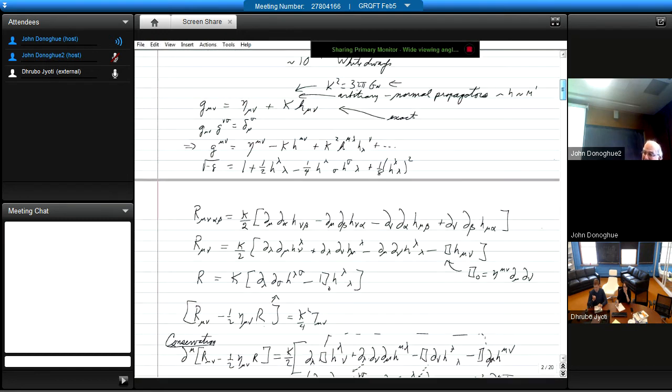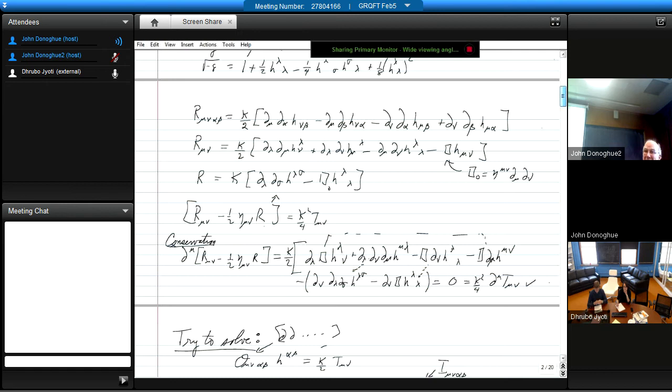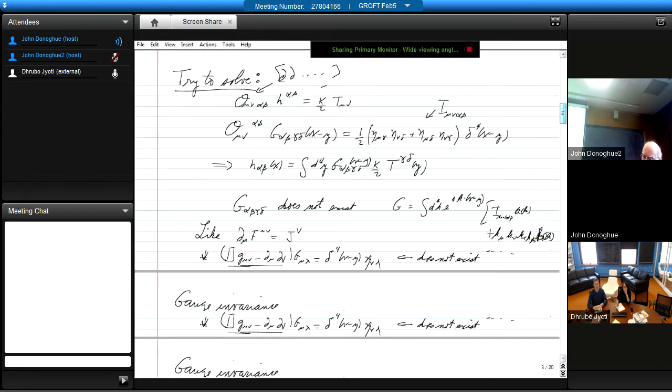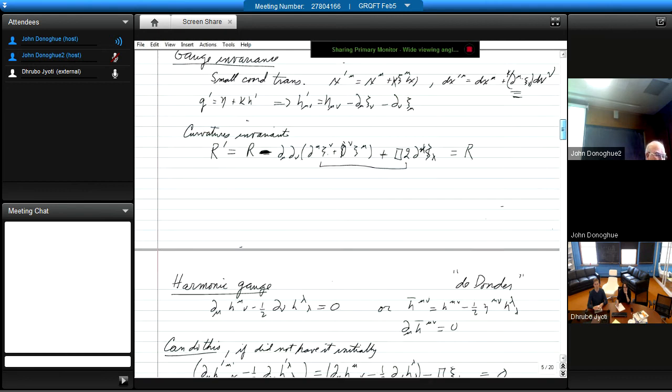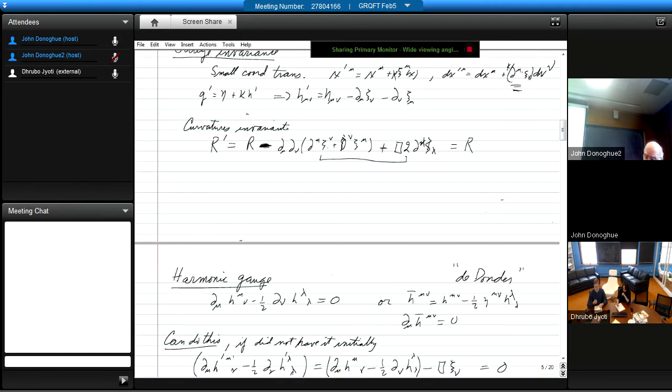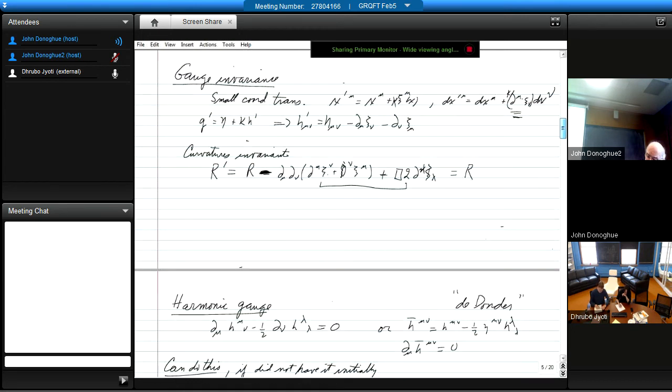Then you go back up, and you see that this makes R very simple. Whenever I have a derivative that's contracted with a derivative acting on h, where the indices are contracted like that, that turns into an h lambda lambda, and the derivative is sitting outside.